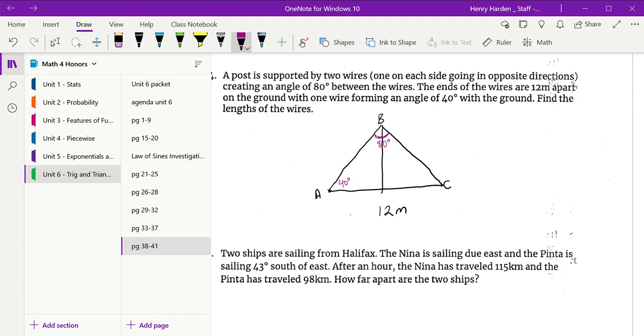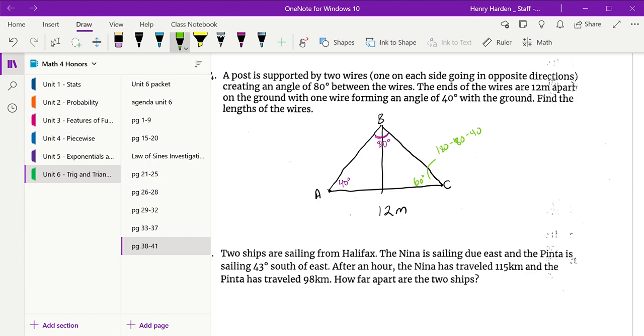Since we know 40 and 80, we can find this angle here: 180 minus 80, minus 40. So that's going to make this 60 degrees, just by default. All right, and this side was 12 meters apart.